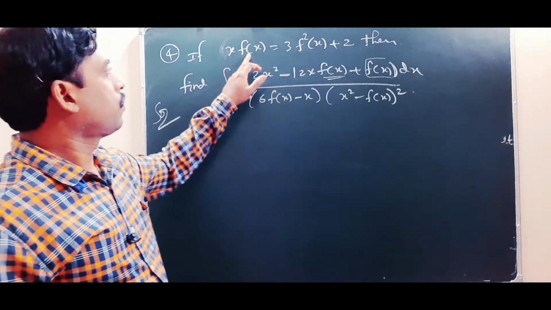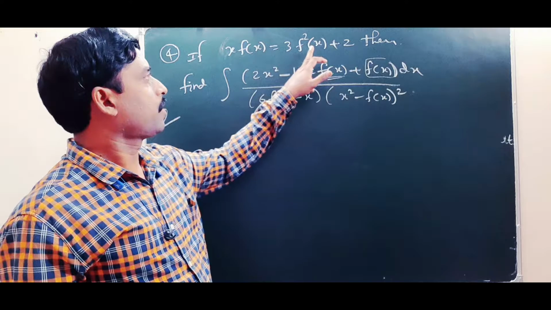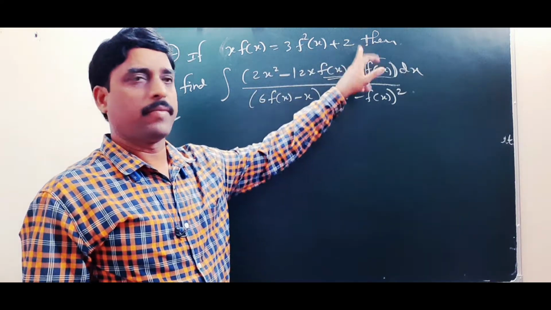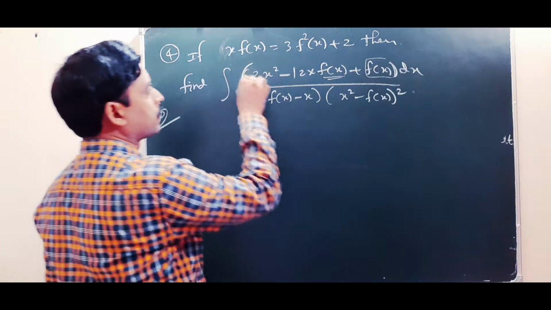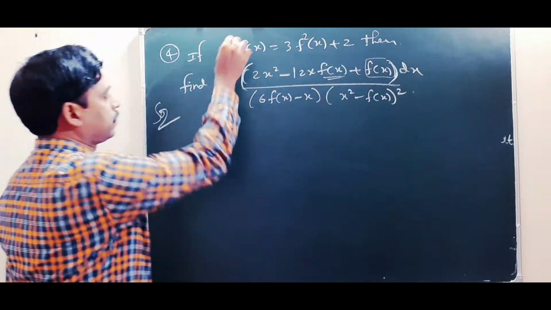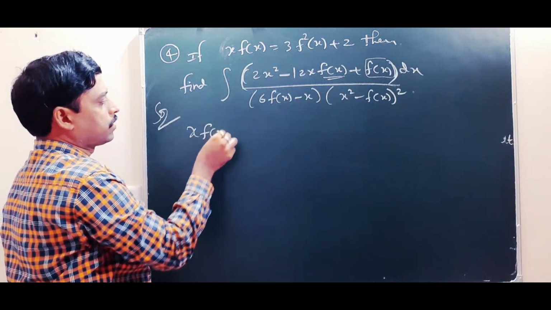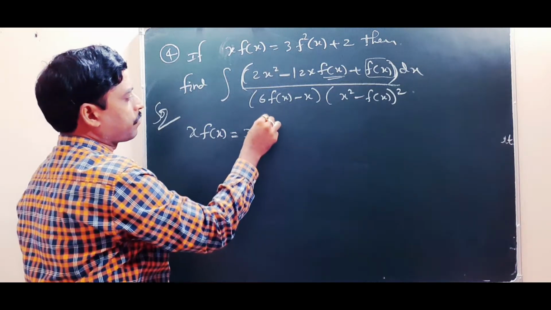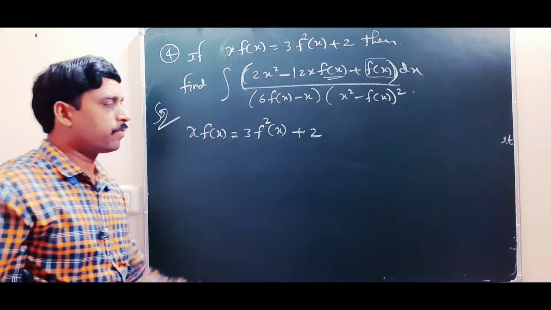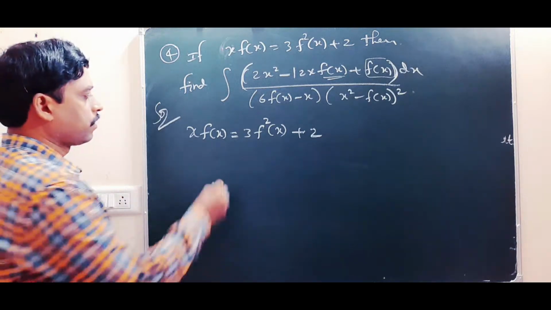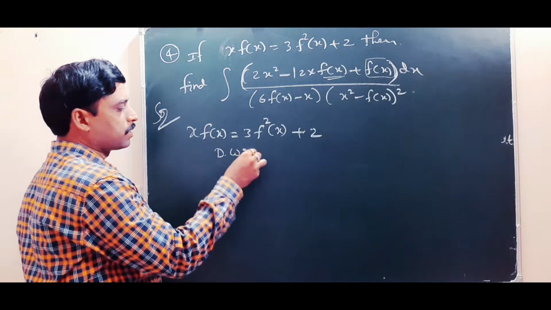If x into f(x) plus... equal to 3 times (f(x)) whole square plus 2 is given, then we have to find this value. So what is the given condition? x f(x) equals 3 times (f(x)) whole square plus 2. Now differentiation with respect to x on both sides.